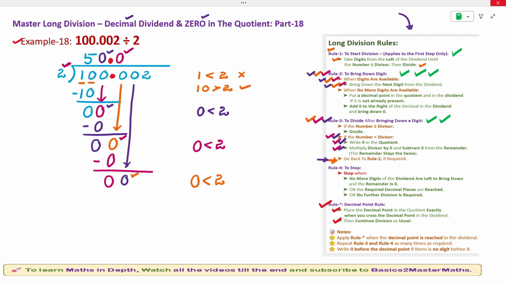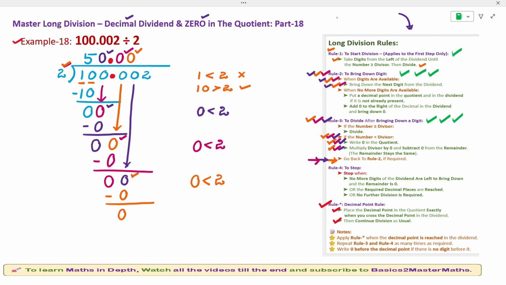So, as per rule 3, if the number is less than the divisor, write 0 in the quotient, then multiply divisor by 0 and subtract 0 from the remainder. 2 zeros are 0. So, you will get 0 as the remainder again. Now, rule 3 is complete for the third time.